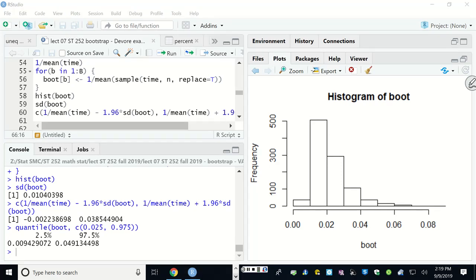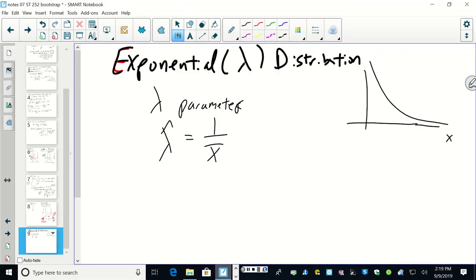You could write it out. You get data, x1, x2, up to xn. My estimator, lambda hat, is going to be 1 over x bar. For the bootstrap, we're going to sample from x1, x2, and so on, with replacement, n times.